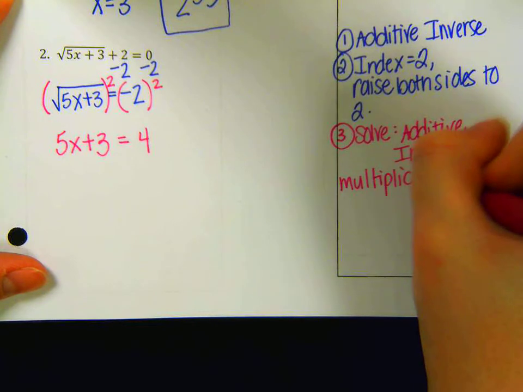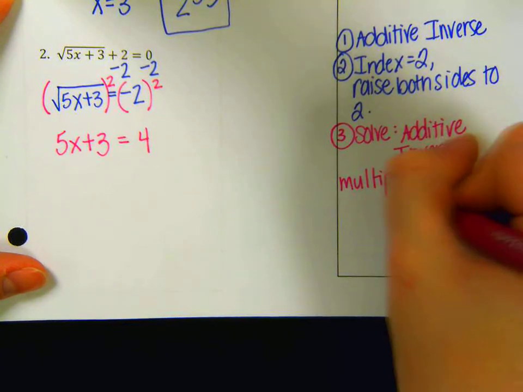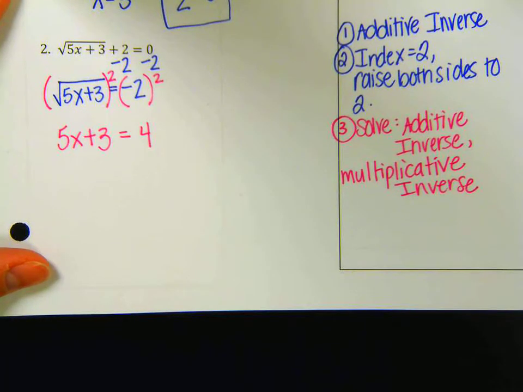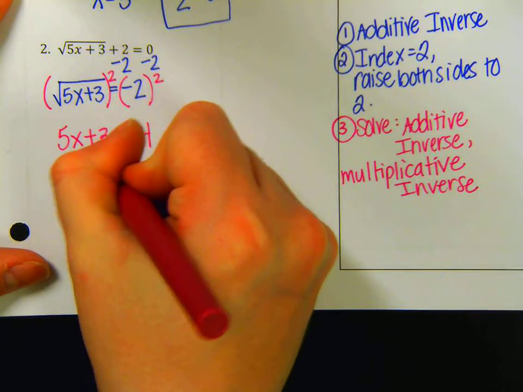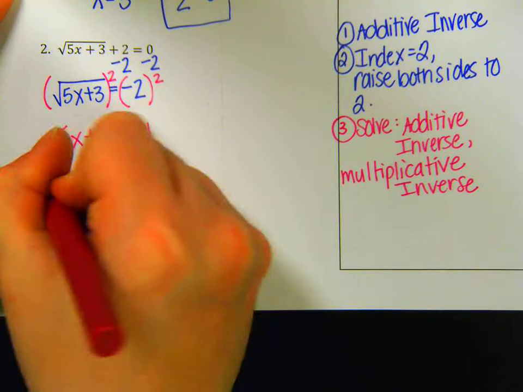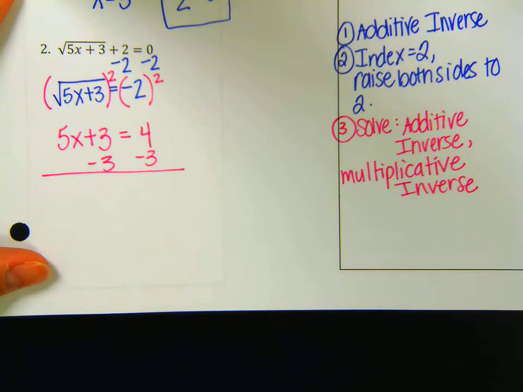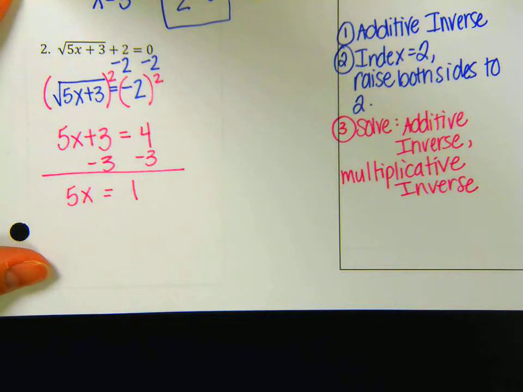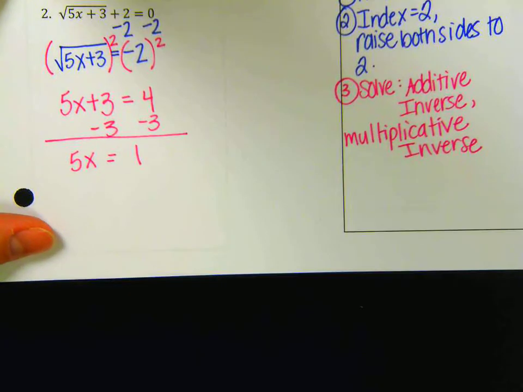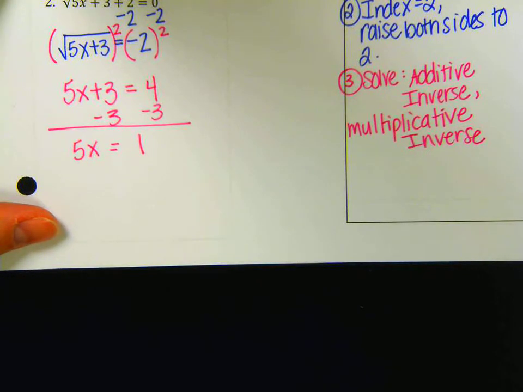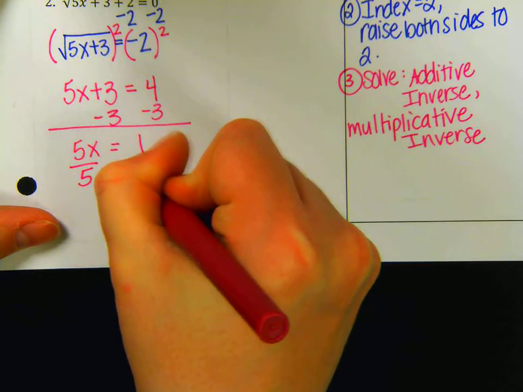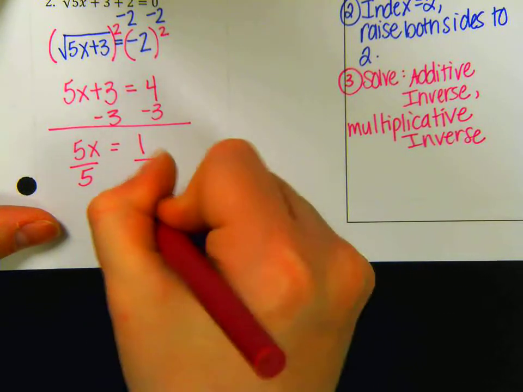Getting the vocab back from the beginning of the year. So subtract 3. We have 5x equals 1. Multiplicative inverse, that means I'm dividing both sides by 5. And you get x equals 1/5.